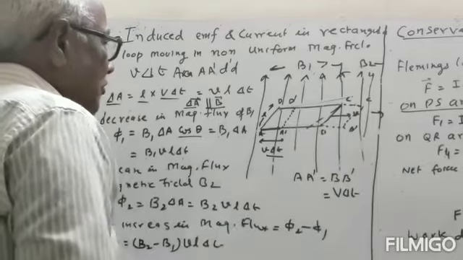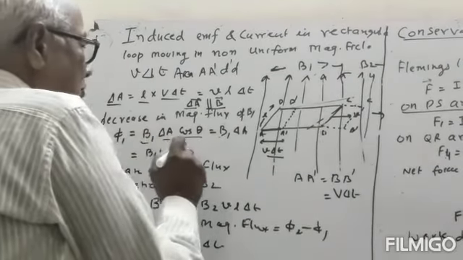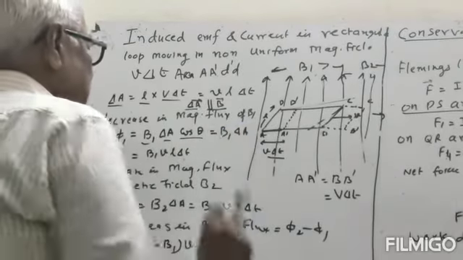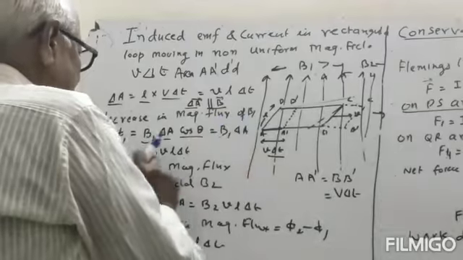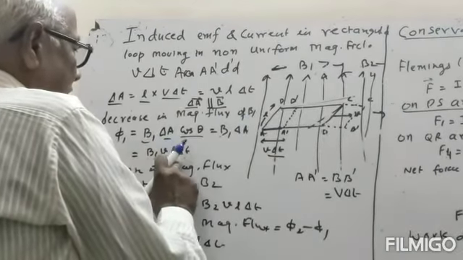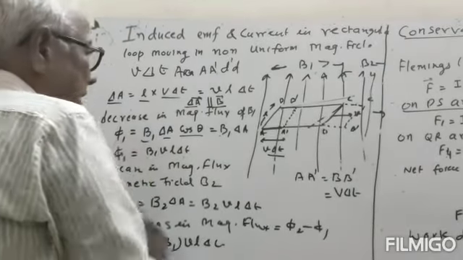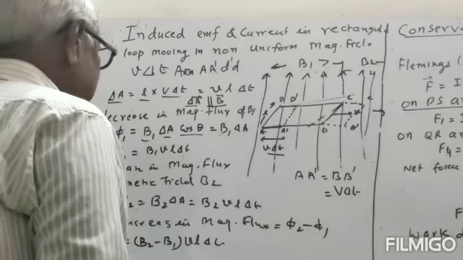Theta is 0 because B and delta A are parallel. So it equals B1 into delta A, and substituting delta A, it equals B1 into v into L into delta t. This is the decrease in flux of magnetic field B1.